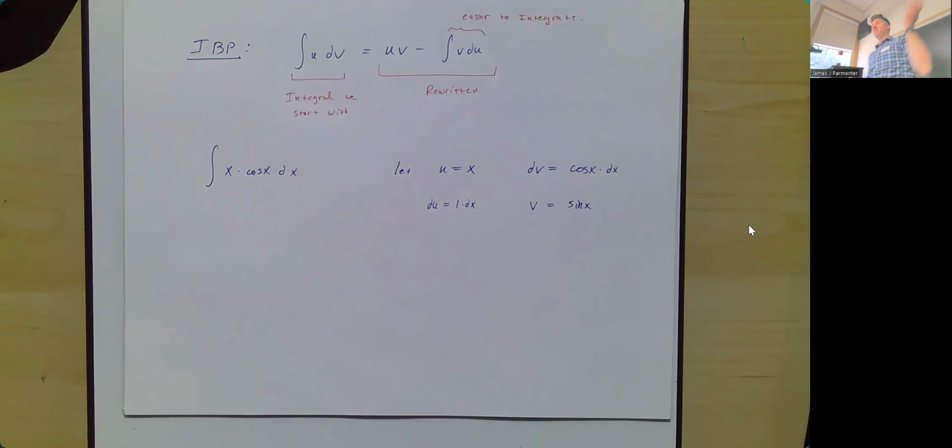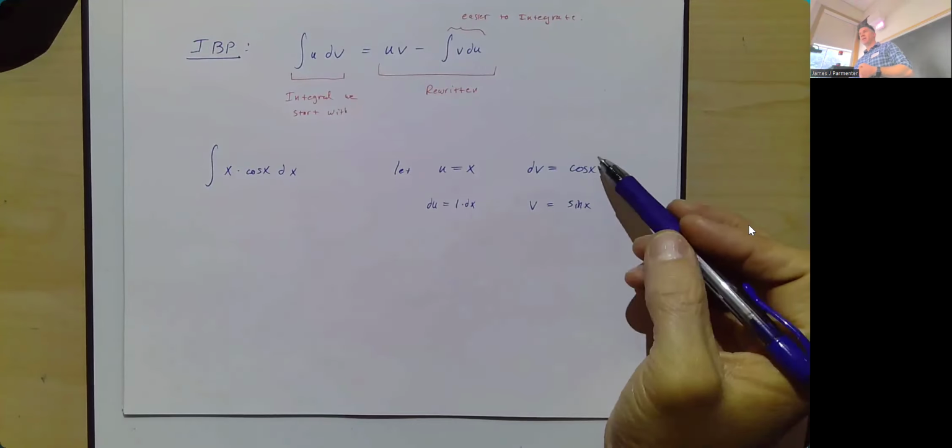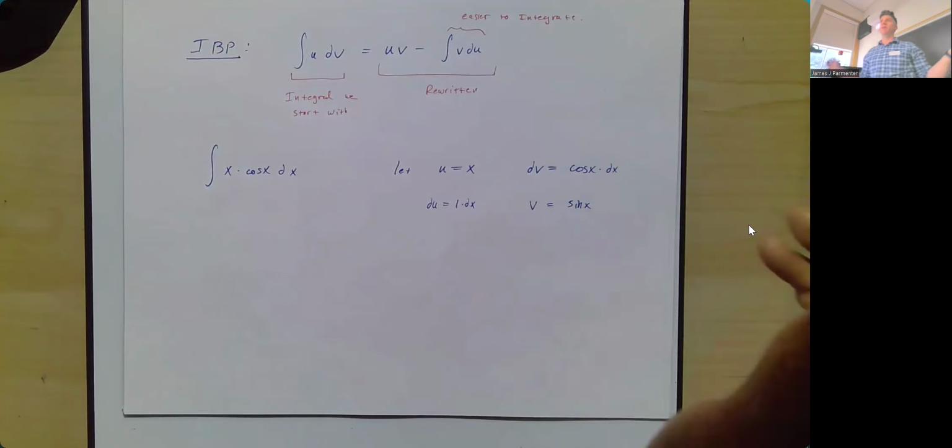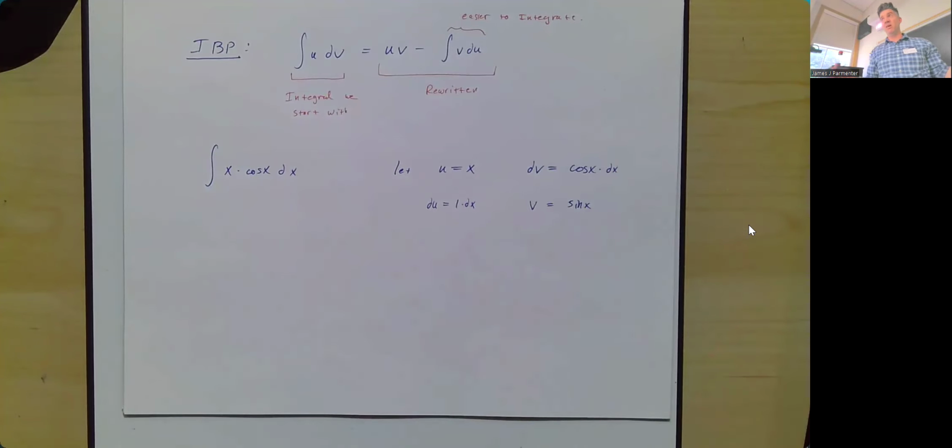We want to pick dv really so that the antiderivative is doable, and ideally so that it doesn't get more complicated when you anti-differentiate it. It doesn't have to get simpler, but we'd like an equal level of complication, if that makes sense. And we would consider sine and cosine to be equally complicated, right? They're pretty much the same function, really. They both have this sinusoidal shape.